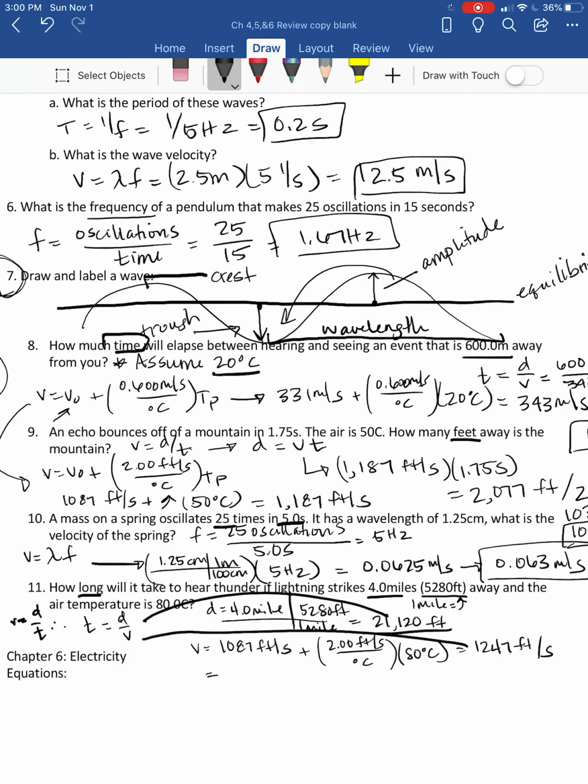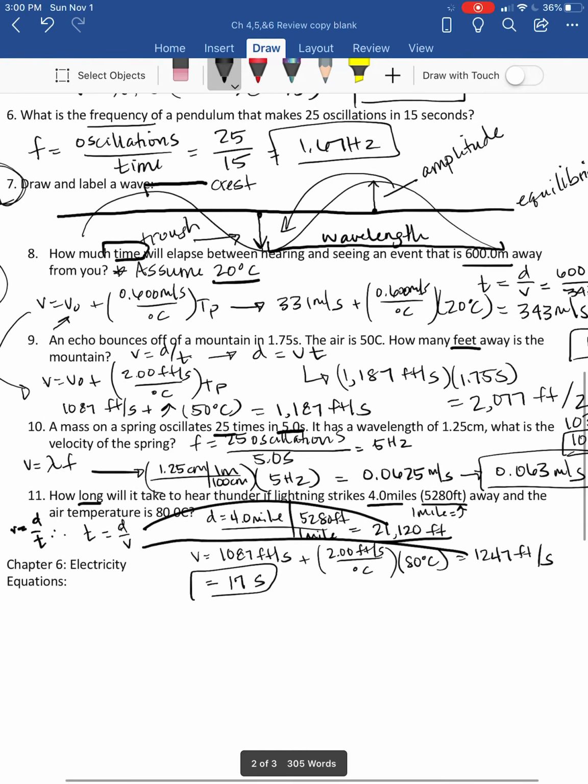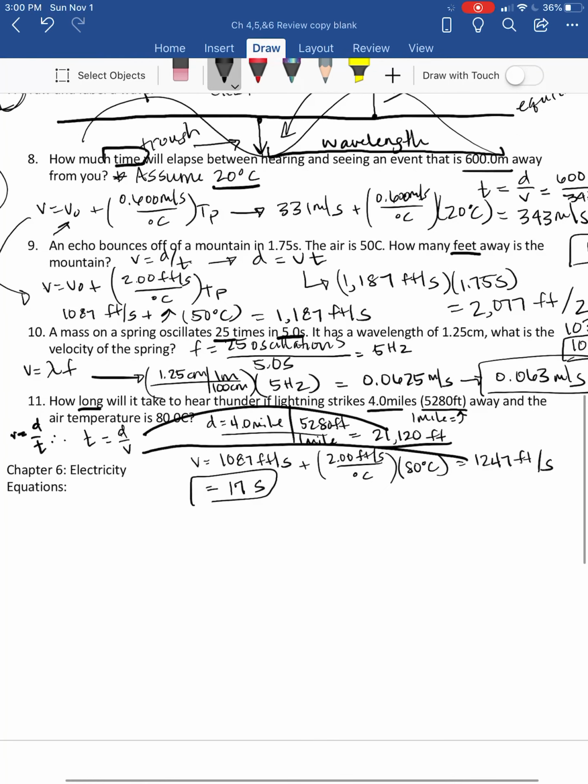Is that it? 21,120 divided by 1,247 is 17 seconds. It's like 16.9 something whenever you put it all in. So because of the 4.0 number, that's 2 significant figures. So go ahead and just make it 17.